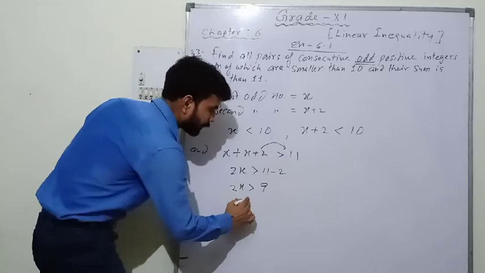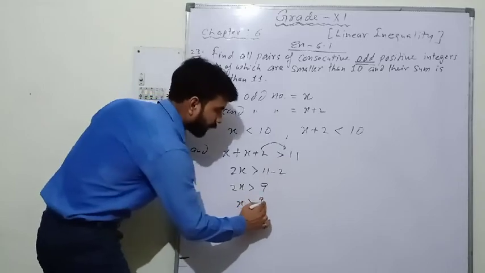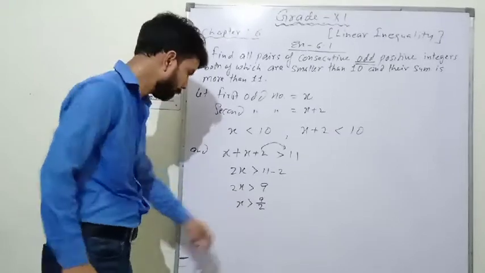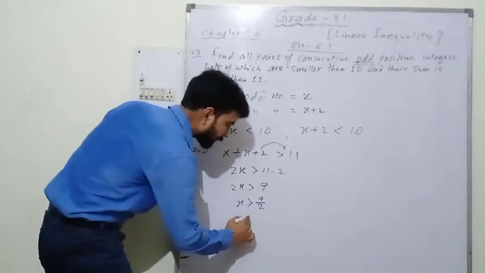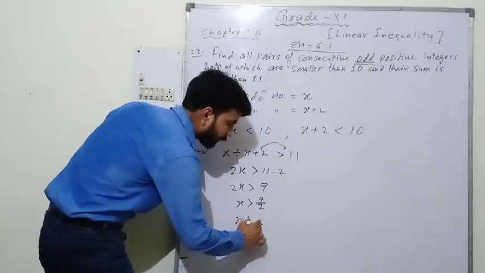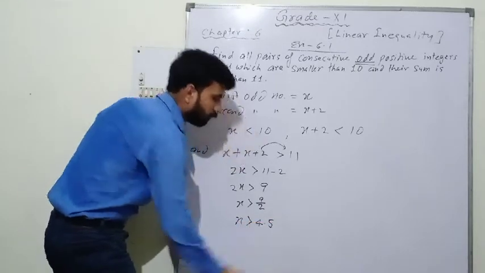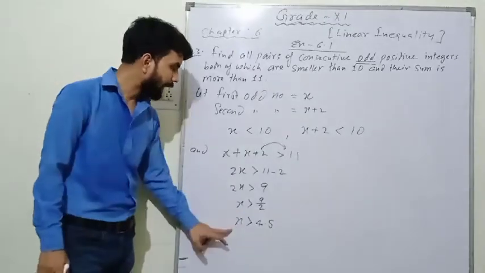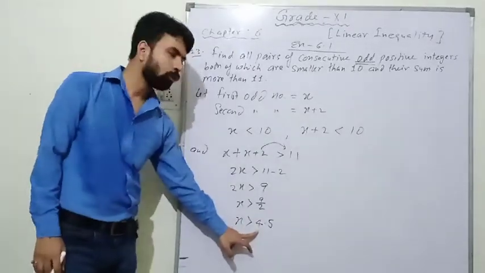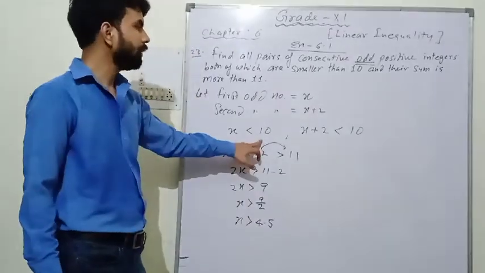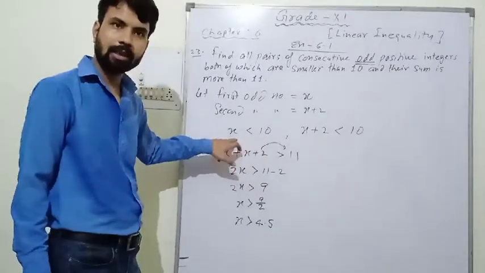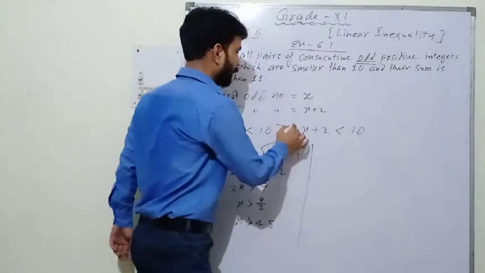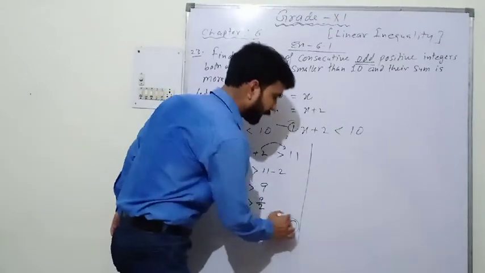And x is greater than 9 upon 2. This 2 will be in the denominator of 9. Now see, x is greater than 9 upon 2. We will convert it in decimal form. That is 4.5. Clear? So here it is clear that x is greater than 4.5. Is x smaller than 10 or not? Yes. So call it the first inequality and call it the second inequality.